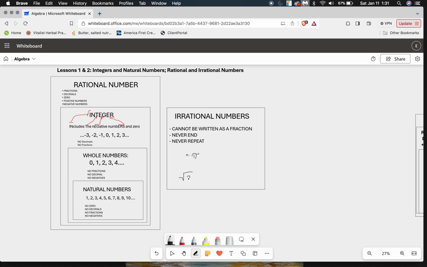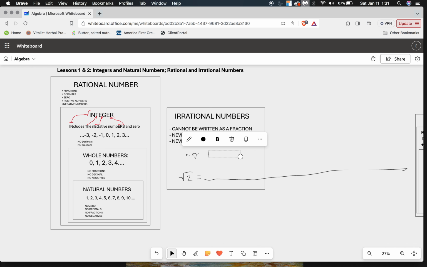If you were to type square root of 2 into a calculator, it would give you an exceedingly long decimal number that would run off of your calculator screen and continue into infinity. The square root of 2 never ends. And pi, which equates to approximately 3.1415 but continues on forever, also never ends, never repeats, and so it can't be written as a fraction, and therefore is an irrational number.